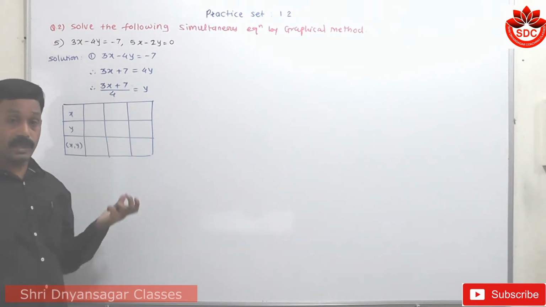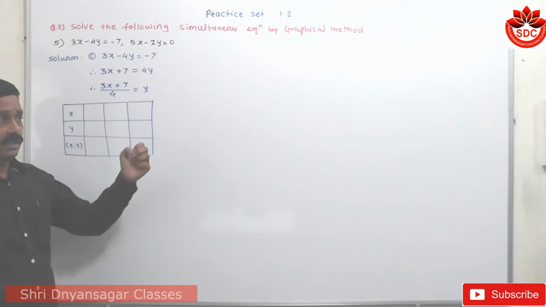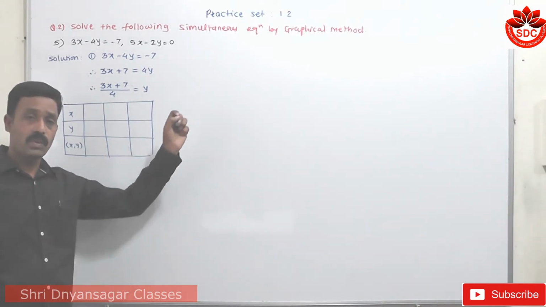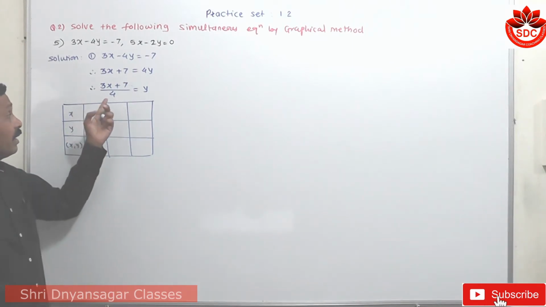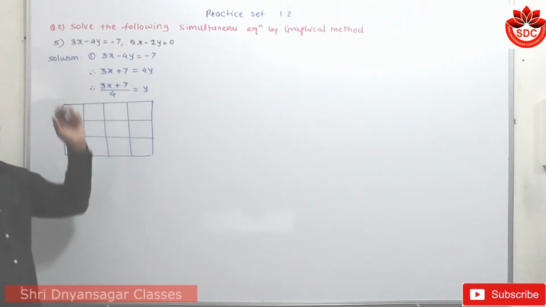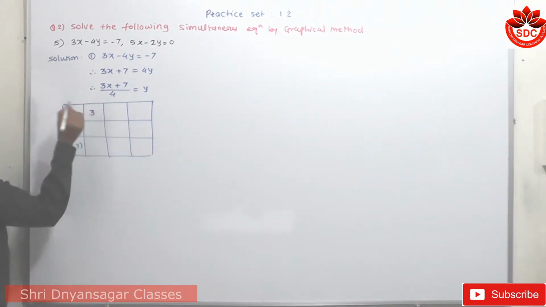We get a whole number, because if we have to take decimal numbers here, then it is a problem for you to draw the graph. So I have to take such numbers that we can simplify by 4 and get a whole number. So first I will take the value of x as 3.